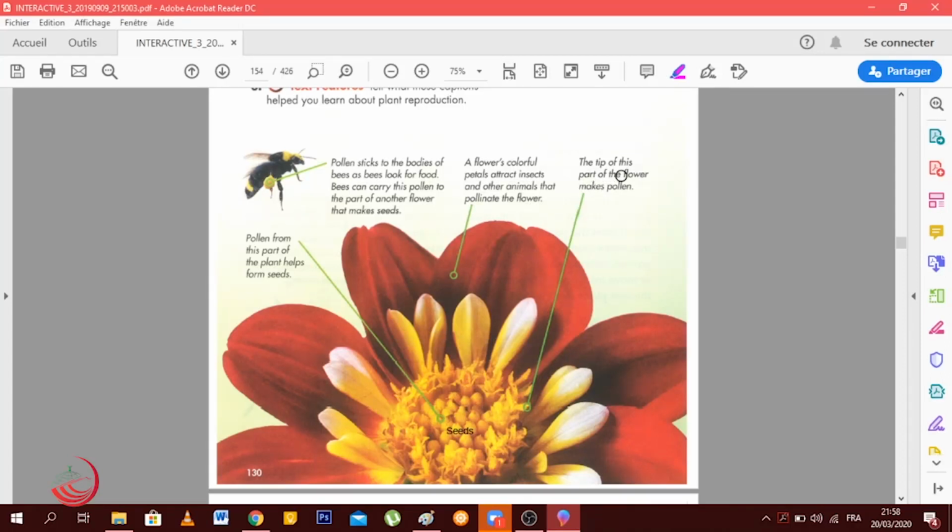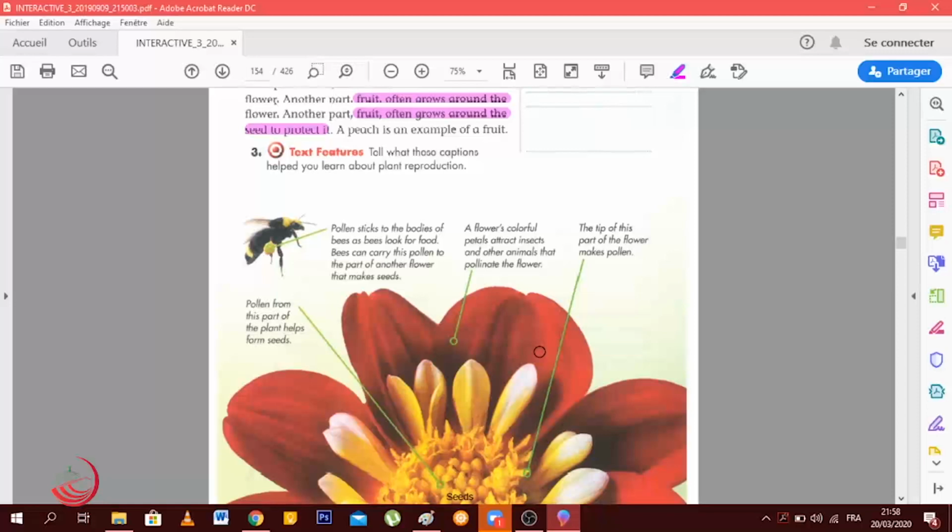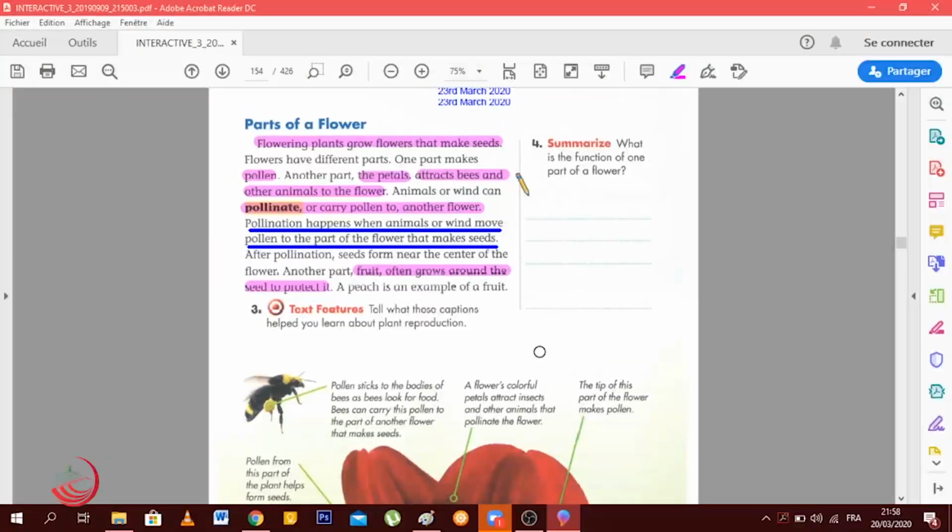The tip of this part, you see these, the tip of this part of the flower makes the pollen. So this part of the flower is the one responsible for making the pollen. Very good.